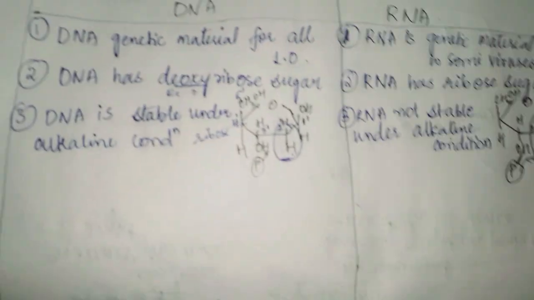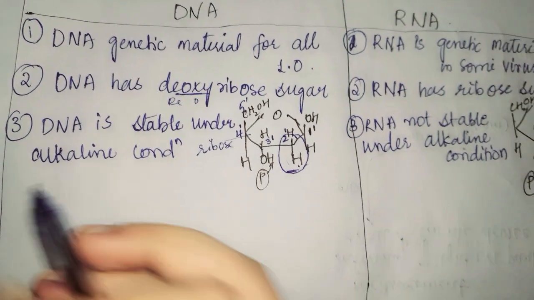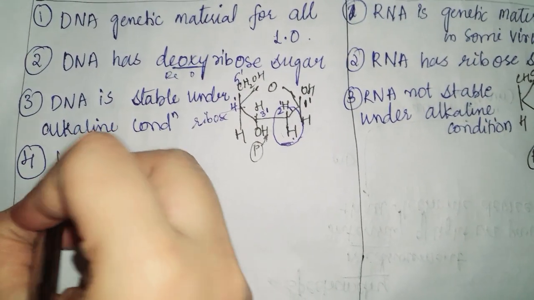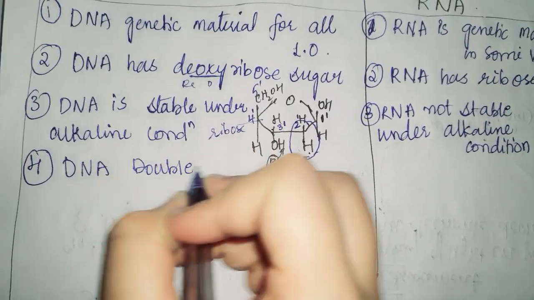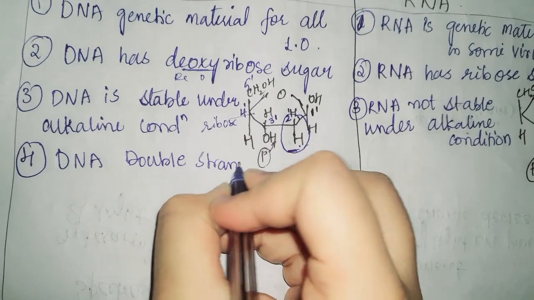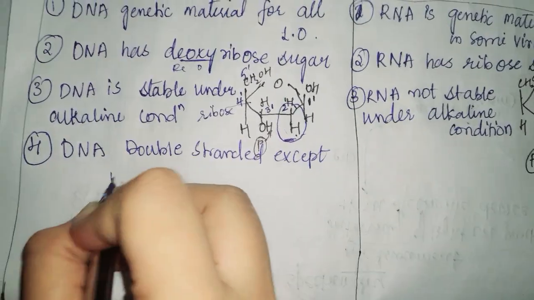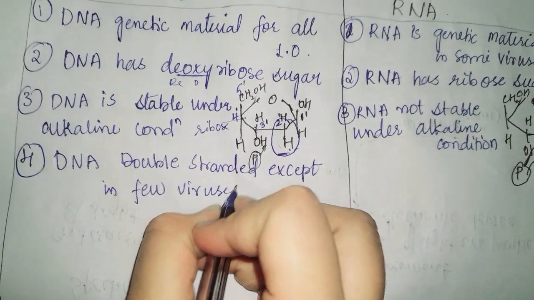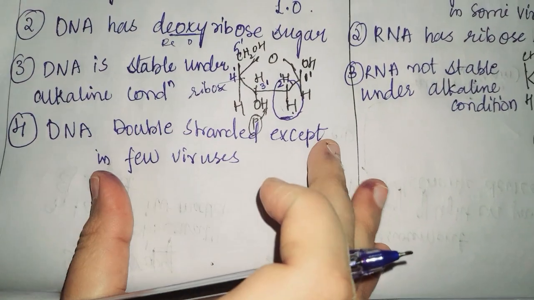Okay, now we'll see the fourth difference between DNA and RNA. DNA is double stranded, right? DNA is double stranded except in a few viruses. In a few viruses it is single stranded, but in all living organisms it is double stranded.